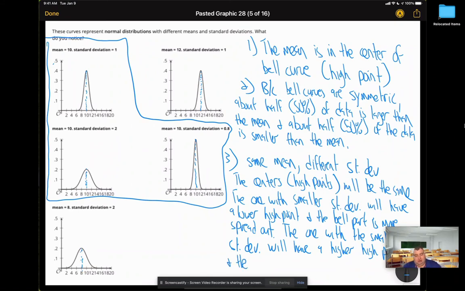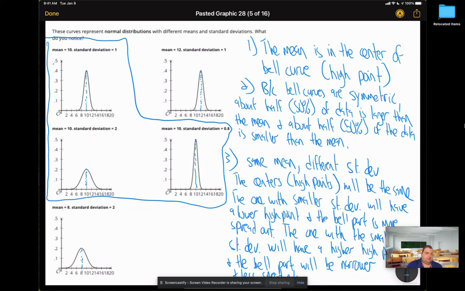And the bell part will be narrower and less spread out. So the smaller the standard deviation, the taller the high point is, and the more narrow the bell part is.